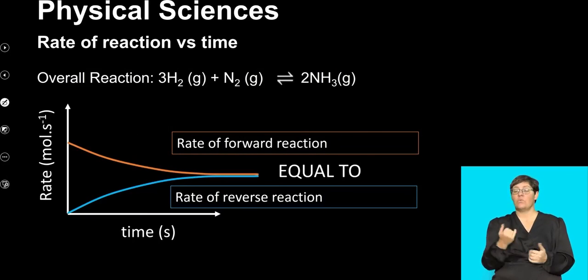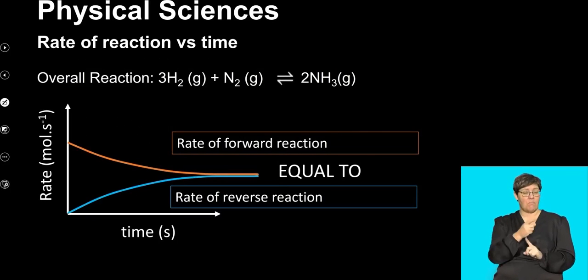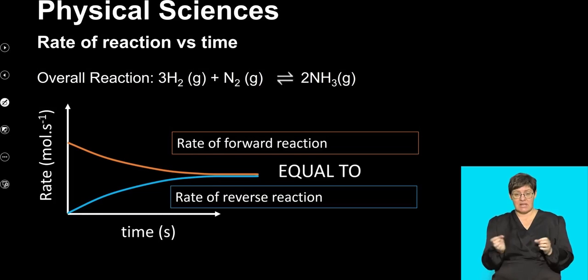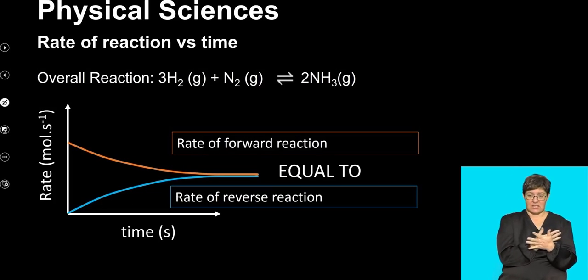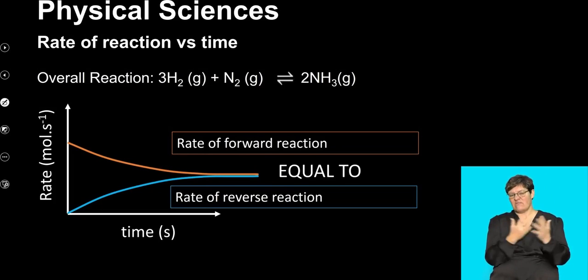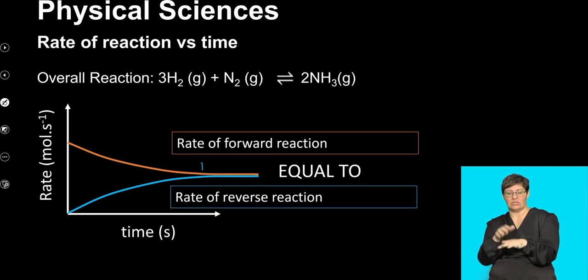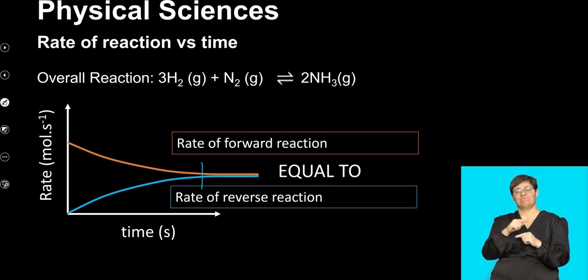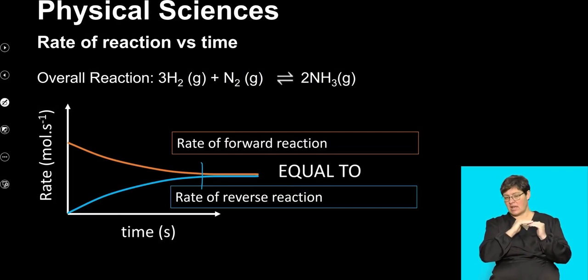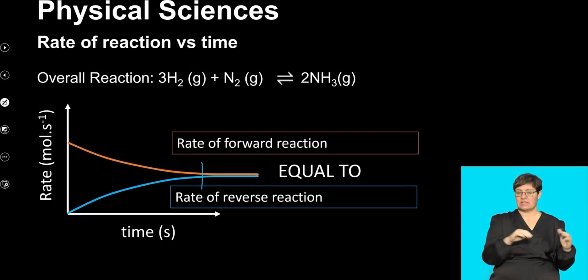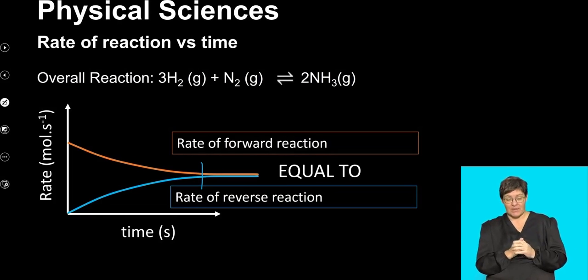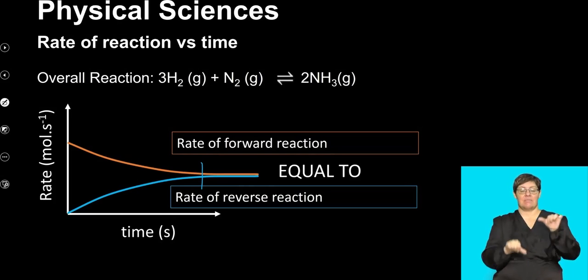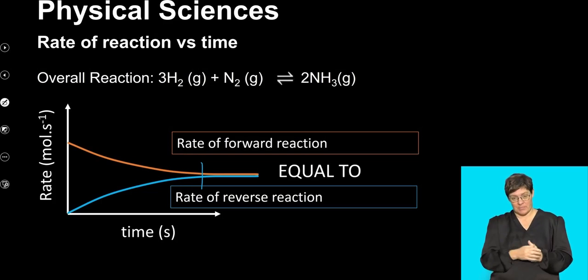And now what we need to remember from rate of reaction graphs is, we've dealt with this graph a little earlier, that in the beginning it will be fast, become a bit slower, until a point where the rate of our forward reaction is equal to the rate of the reverse reaction. At this point, the system is at chemical equilibrium.